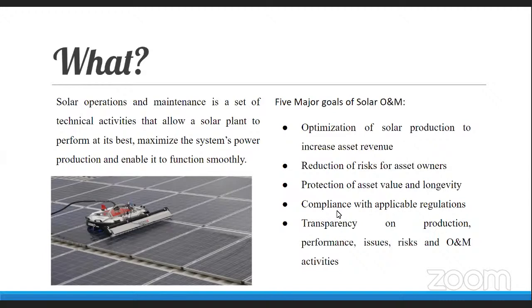This covers an array of tasks from routine cleaning to addressing technical issues as they arise, and so on. Solar O&M is a part of a larger set of solar asset management, which is a holistic approach rather than a technical one.